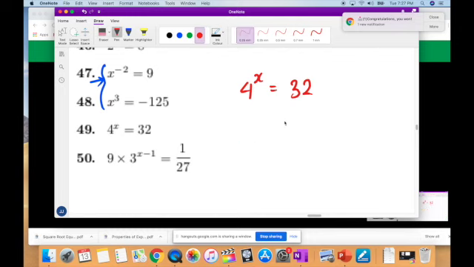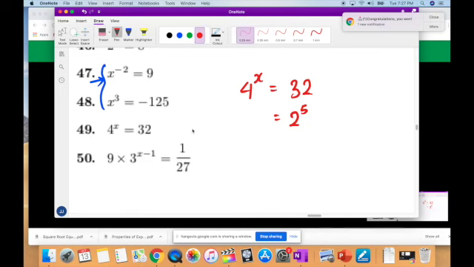Can 32 be expressed in terms of 2? Yes. 2 times 2 is 4, times 2 is 8, times 2 is 16, times 2 is 32. So 32 is 2 to the power of 5.